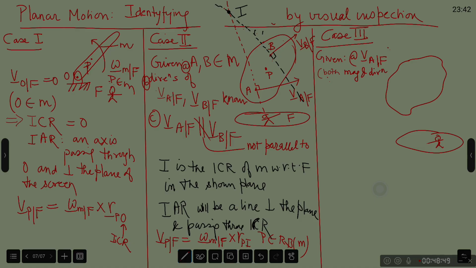There is a point A, you know the magnitude and direction. So this is VAF. There is another point B which is known, both magnitude and direction.